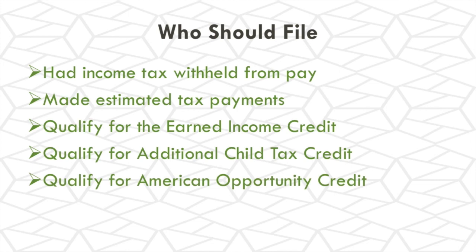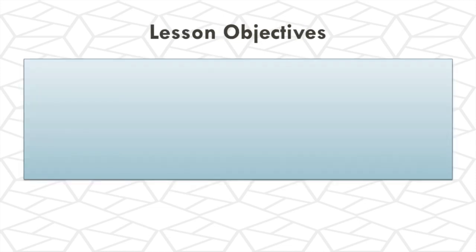Or if they qualify for the American Opportunity Credit, taxpayers again may not have to file or owe taxes, but they may still qualify for this partially refundable education credit. We'll talk about all these credits in a later training, but just note there are situations when a taxpayer is under that threshold, but they still should file a return because they're going to receive a refund.